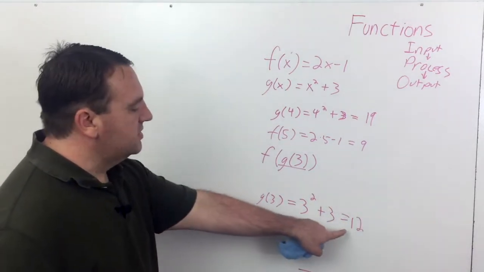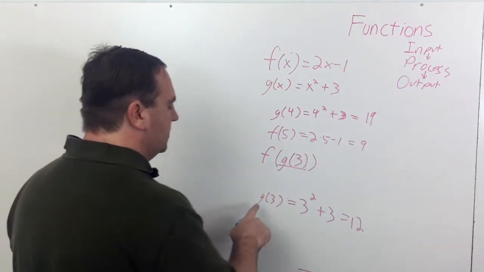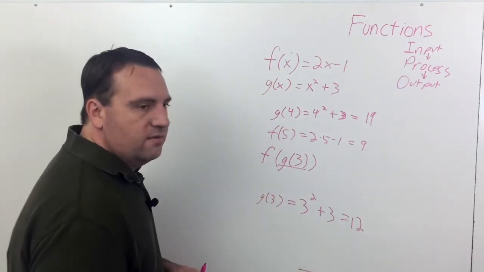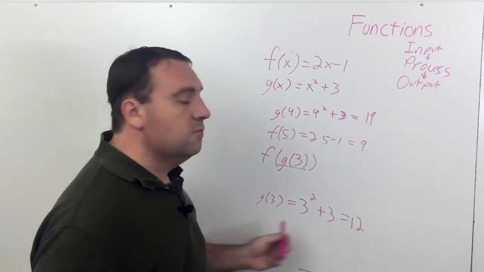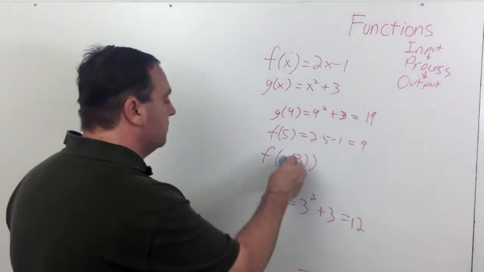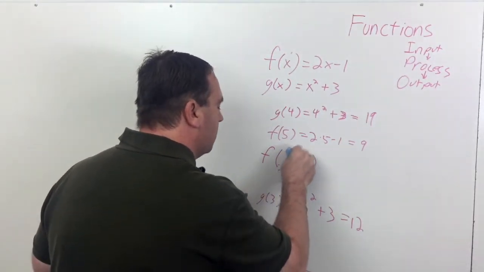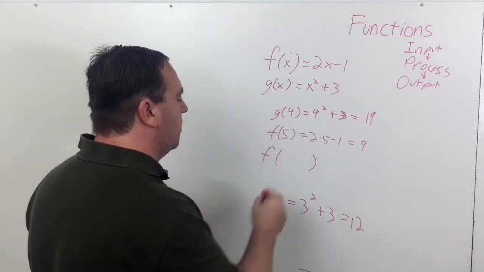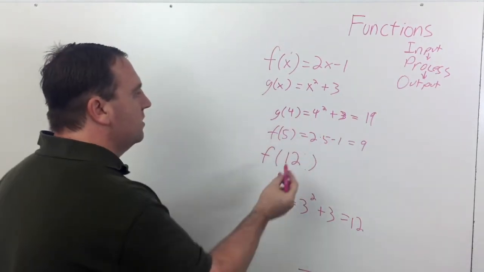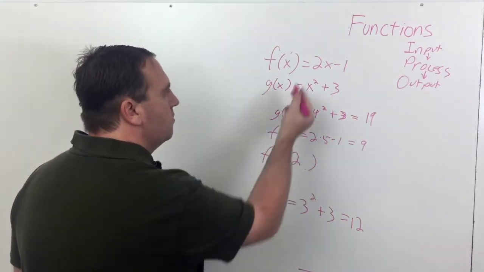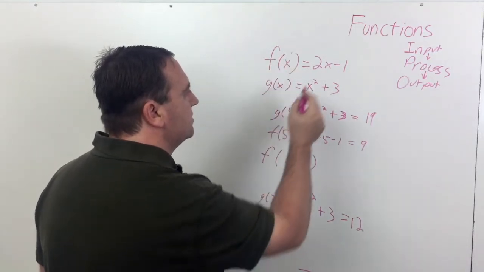So that means we can take this 12 and replace it here, because g of 3 is equal to 12. So remember our rules of equality. Any two things that are equal, we can replace one with the other. So since g of 3 is equal to 12, we can put 12 in here. And so what's f of 12? Here we take our 12 and we stick it in for this x.